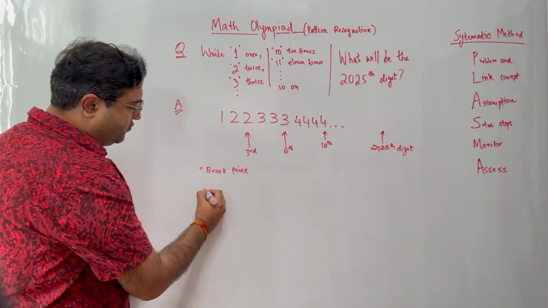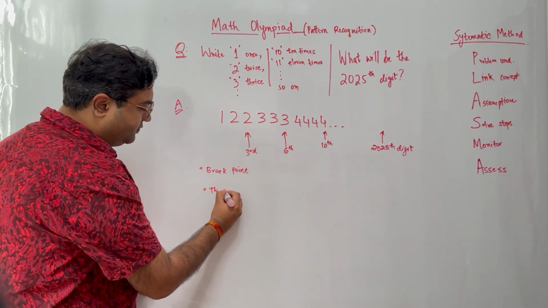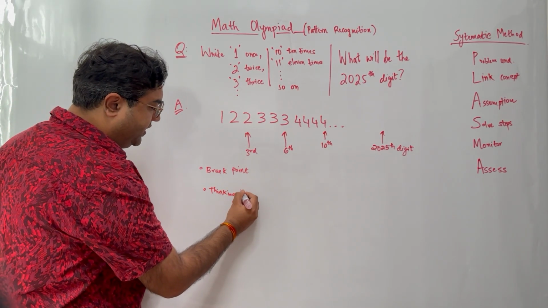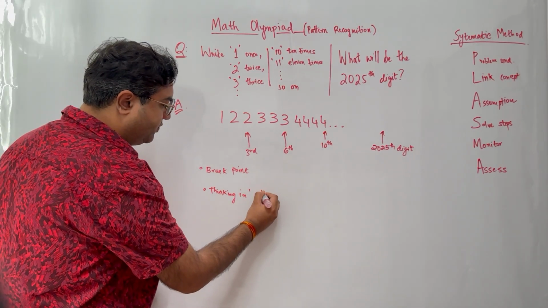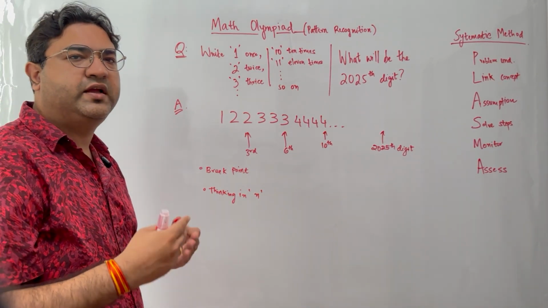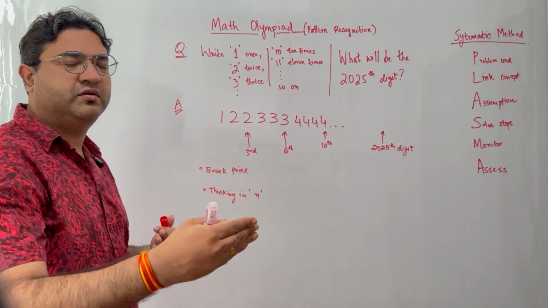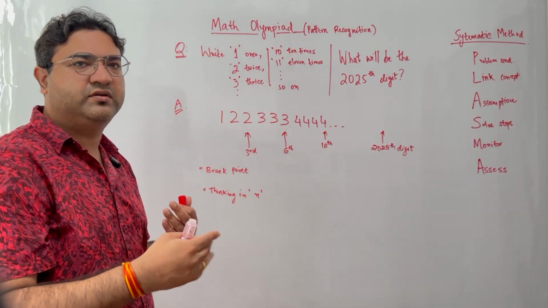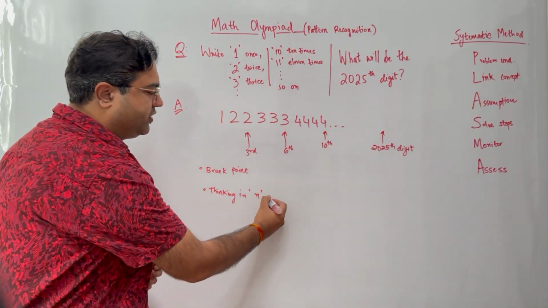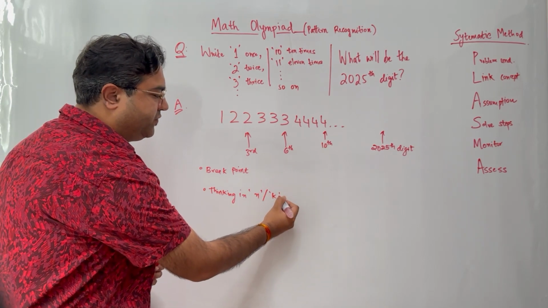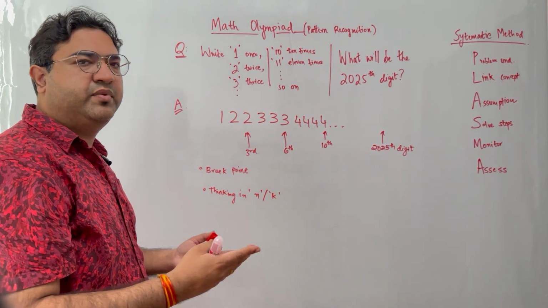The second is we have to start thinking in n. So instead of thinking in terms of 1, 2, 3, 4, 5 and then progressing, we have to start thinking in terms of n or k, some kind of a variable that you can vary.